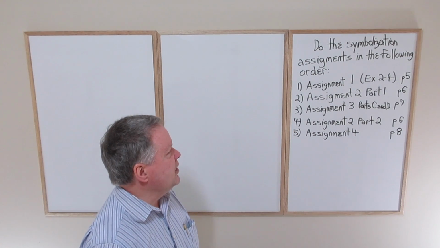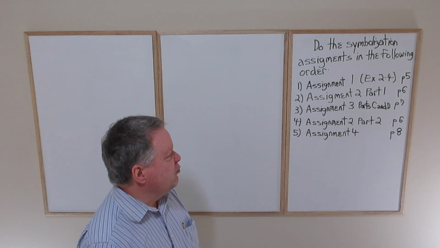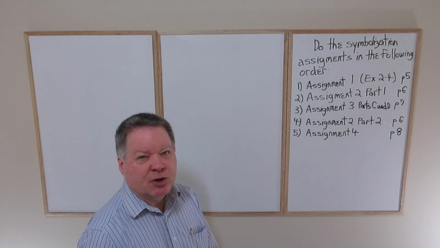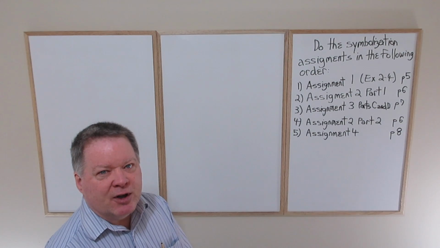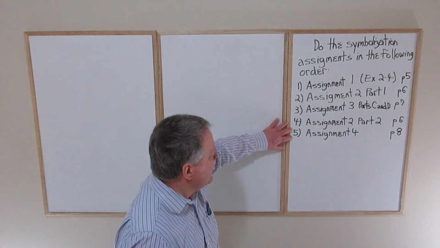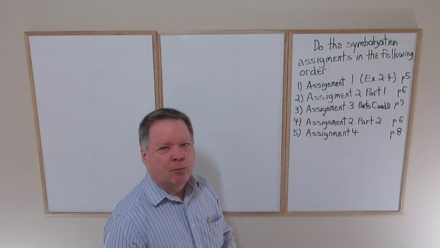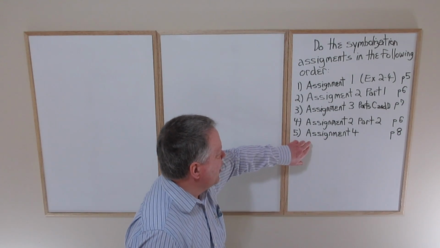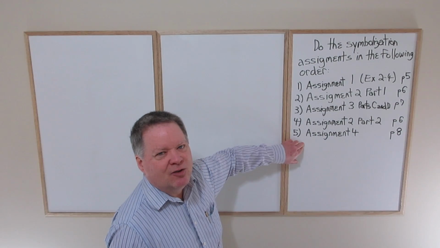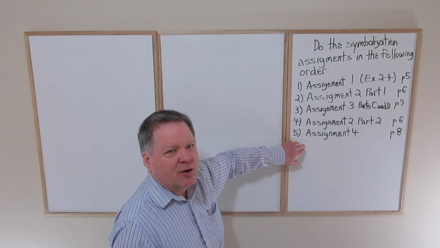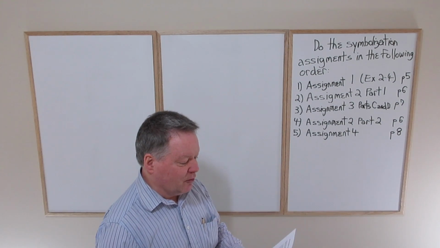What we want to do is zero in on the form or underlying logical structure of those English sentences. In assignment 4, which we'll be getting to, we finally have not individual sentences, but arguments to symbolize.